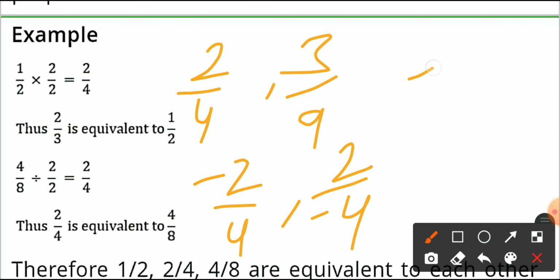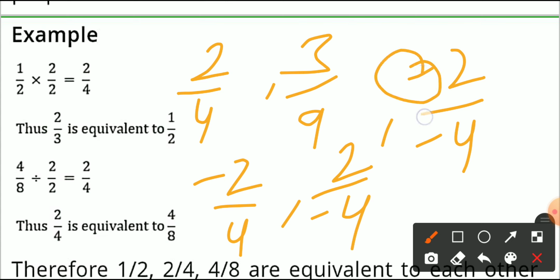So what do we say about this number, minus 2 upon minus 4? Are they positive or negative? I told you, if the rational number contains a minus sign, it is a negative rational number. They also have a minus sign here and here.